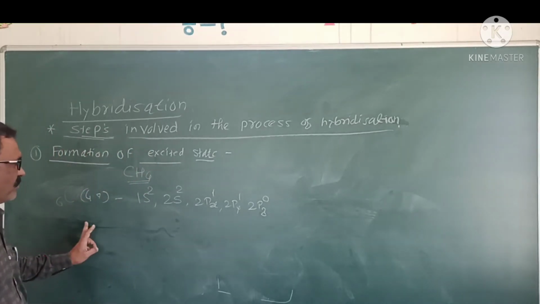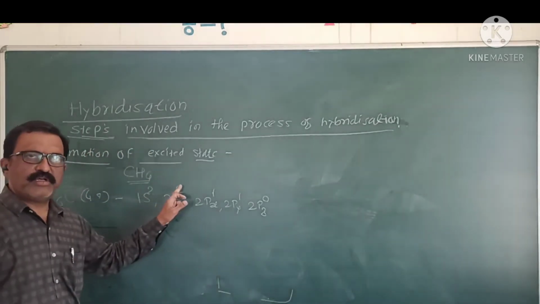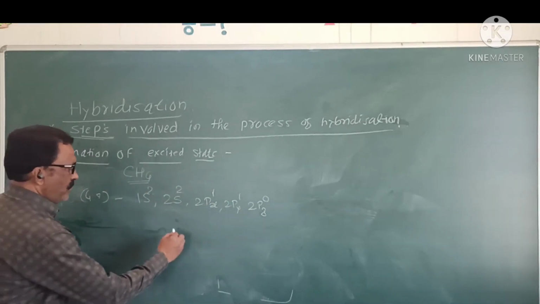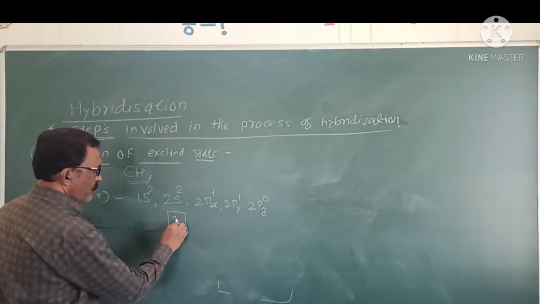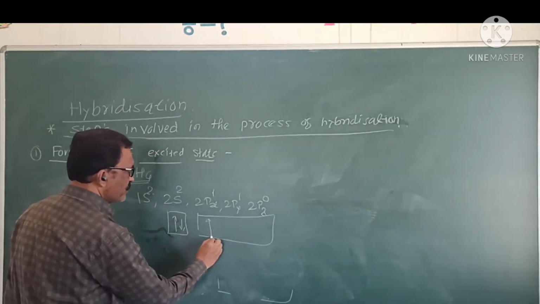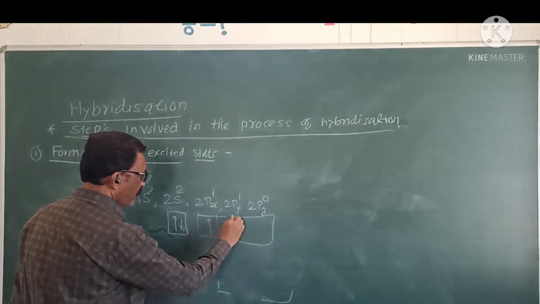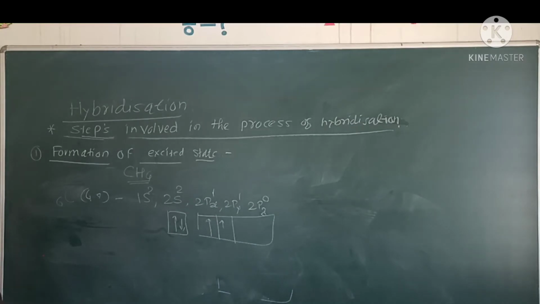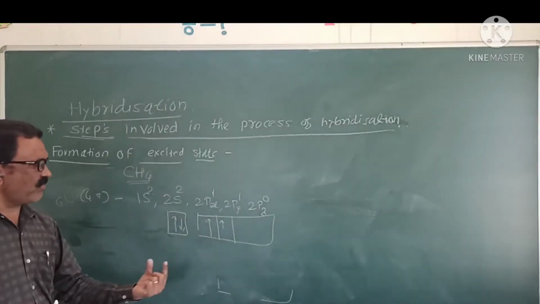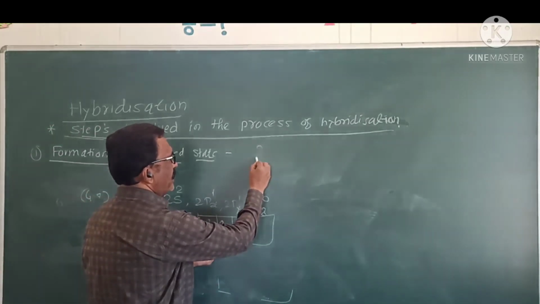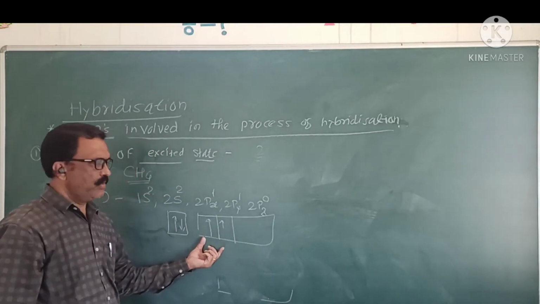Carbon has 6 electrons. In the valence state, the number of unpaired electrons is equal to 2.